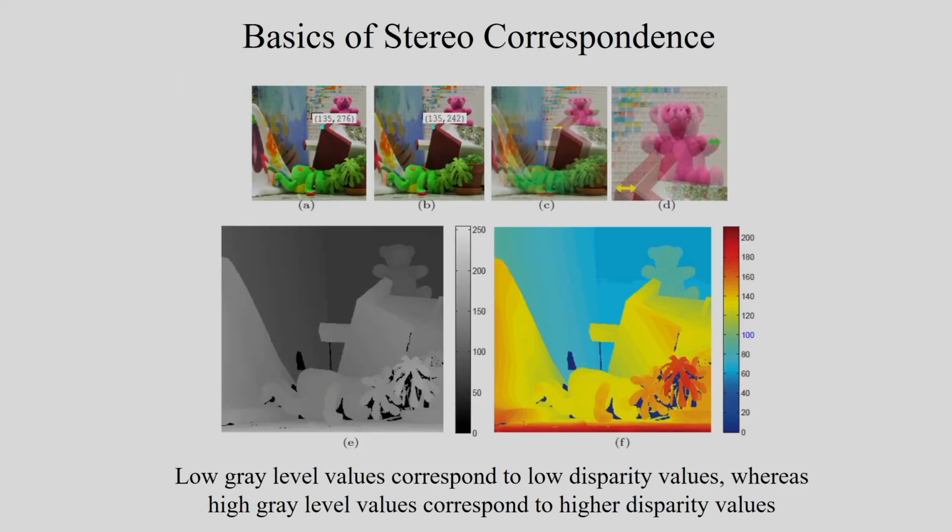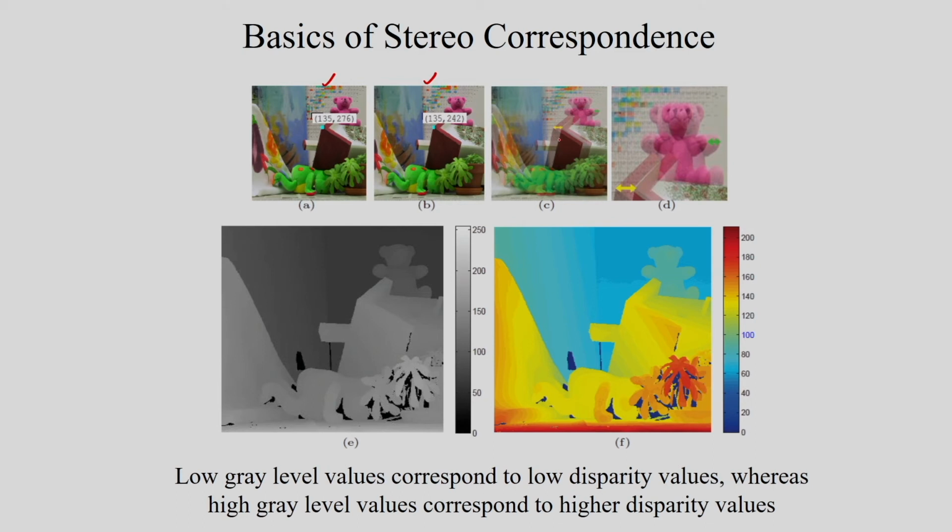Here you can see I have considered two images, one the left image, another the right image, and I want to show the disparity. What is the disparity? In diagram C, I have shown the overlapping of these two images, and you can see the disparity.